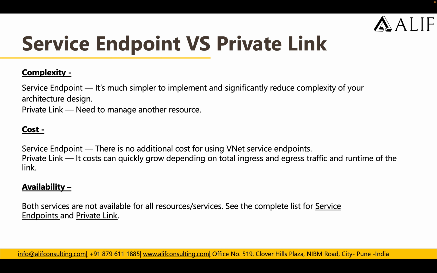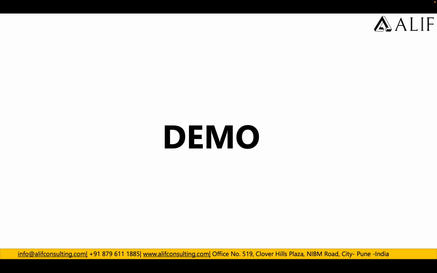And availability: both services are not available for all resources. They are available for specific resources like databases, Azure storage accounts, and app services. So they are not available for all the services in Azure, specifically talking about platform as a service.